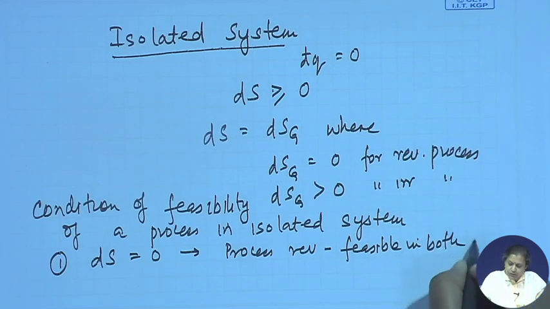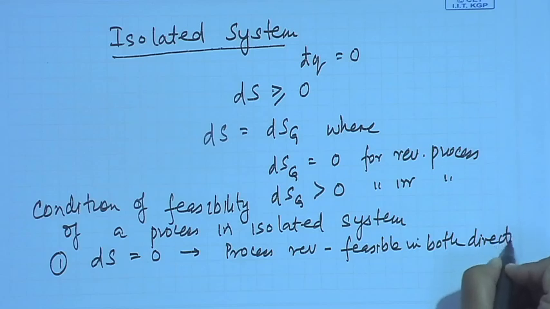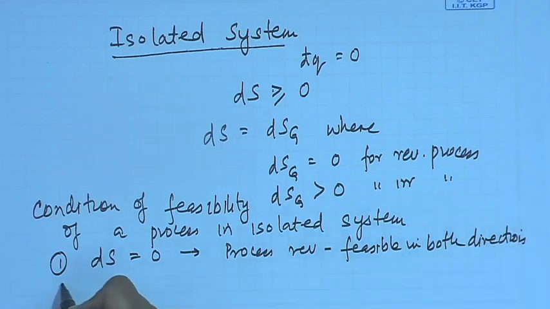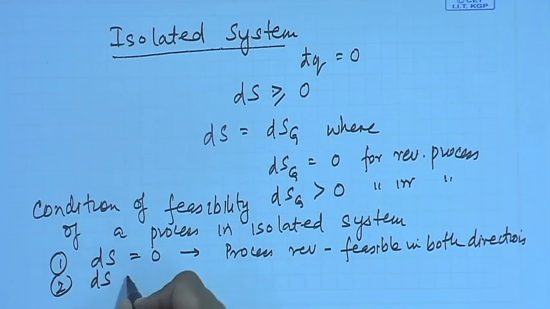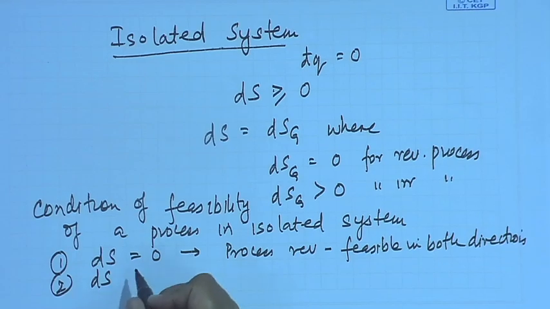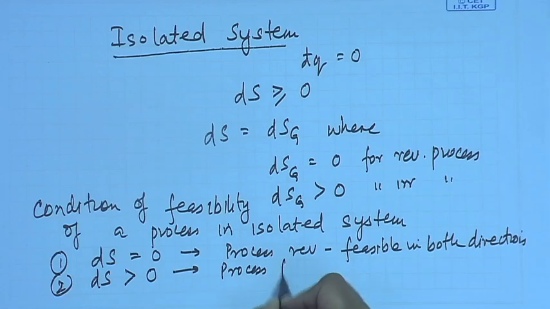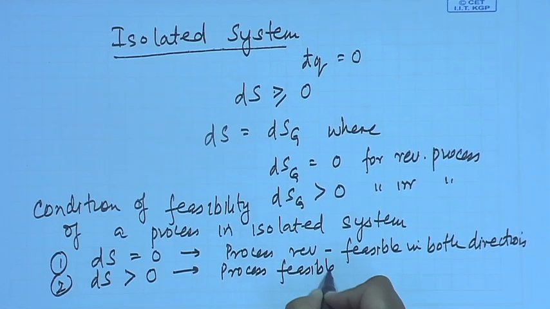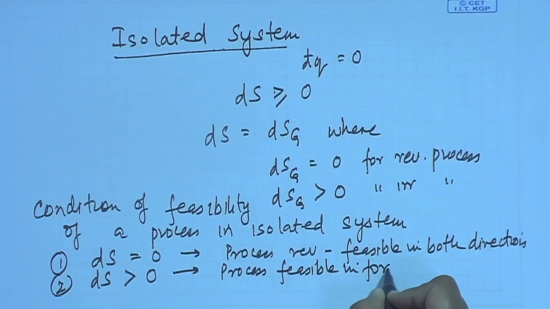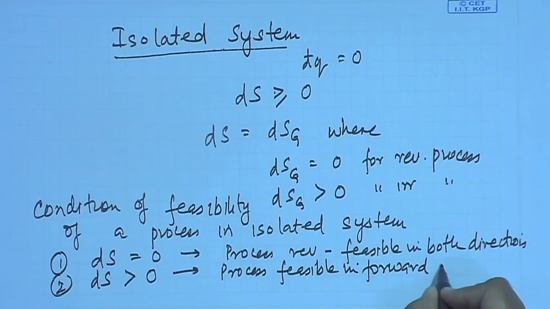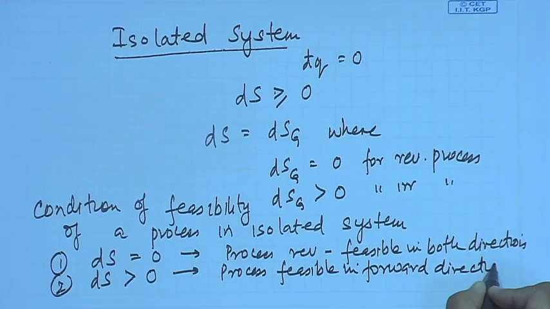That means both the forward and the backward process can occur. If we calculate the entropy change of the isolated system when it is performing a process, and we find that ds is greater than 0, we know that the process is feasible in the forward direction, but it is not feasible in the backward direction, because in the backward direction ds will be less than 0.